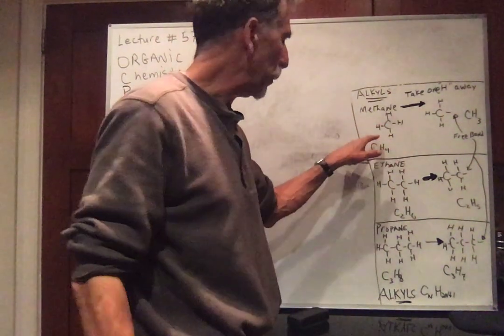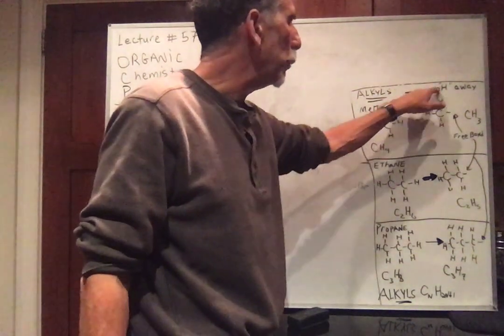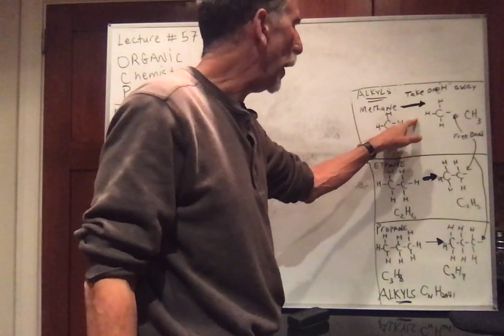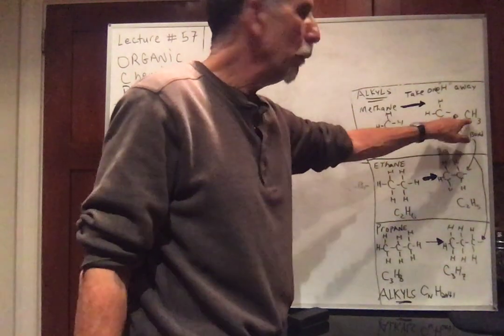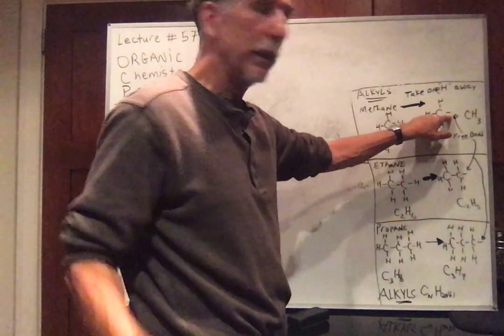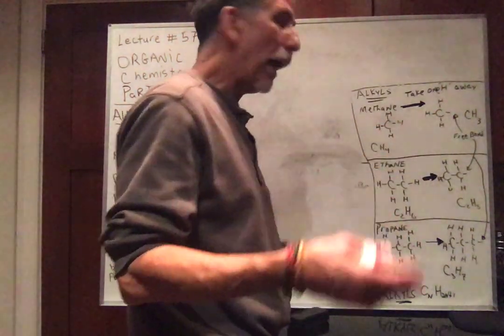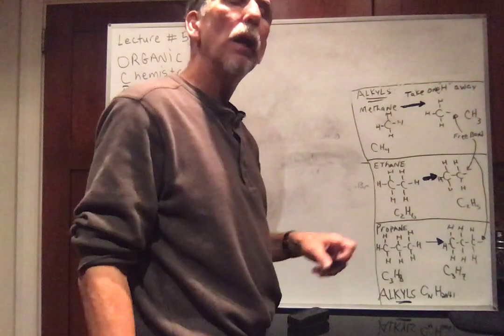Carbon is very happy because all 4 bonds have a hydrogen. If you take away one hydrogen, now you have not CH4, but CH3. And so you have a free bond. Now it wants to bond with something. So we took an alkane and we took one hydrogen away.